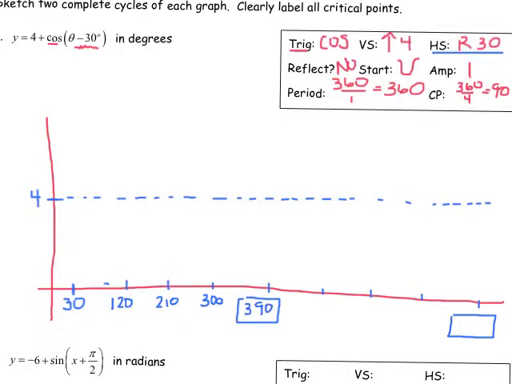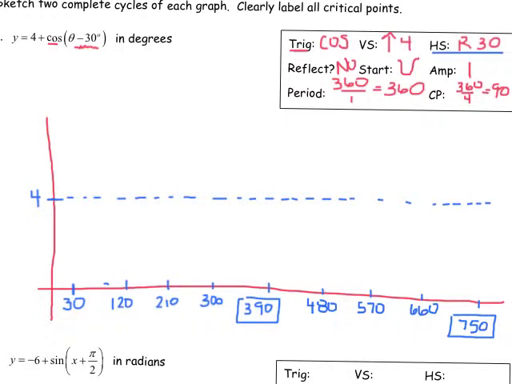That makes sense, because if you started with 30 and your period is 360, then you should end at 390. Let's keep going. Plus 90 is 480, 570, 660, and 750 is how we'll end.